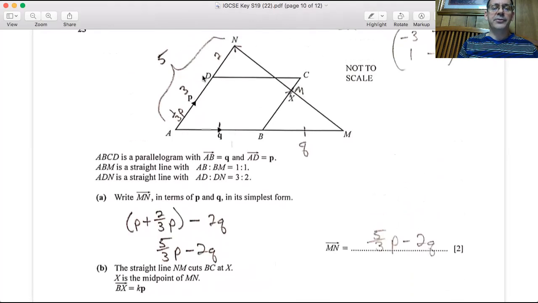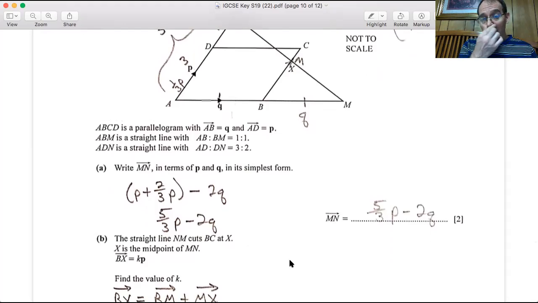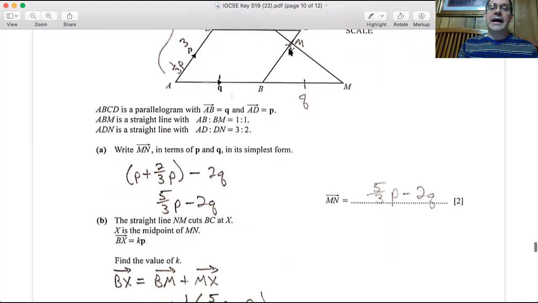Notice P over here is from A to D, which would also be B to C since it's parallel. So B to C is the value P. So B to X is going to be a fraction of P. We have to find out what that K is. Find the value of K. So B to X, here to here, is B to M plus M to X. Notice this is M to X. This M again means X is the midpoint.